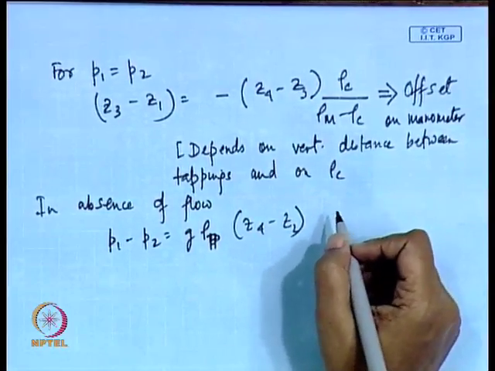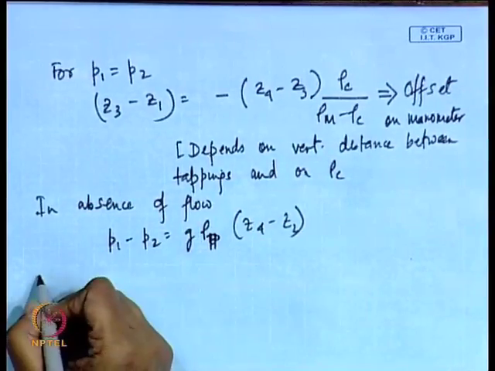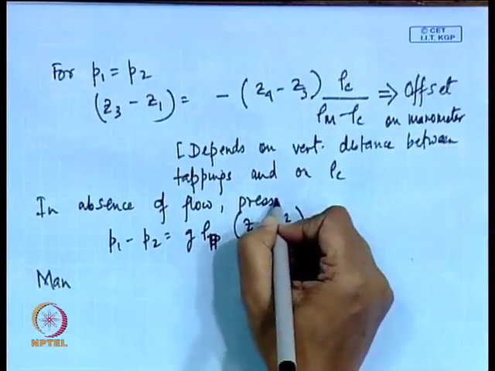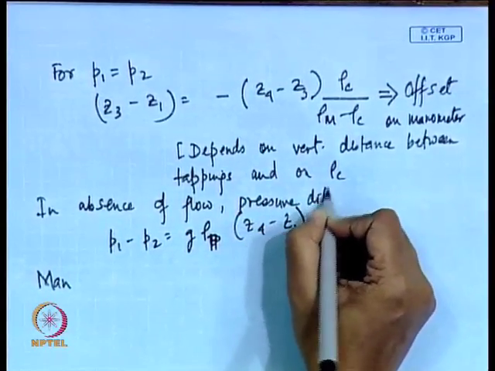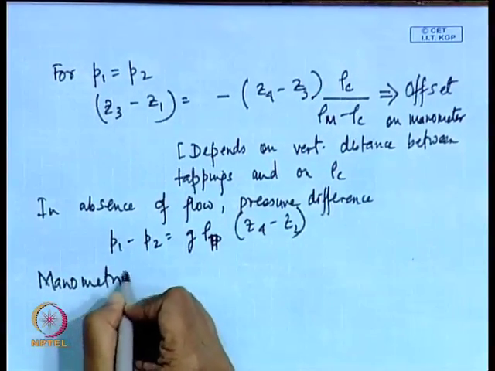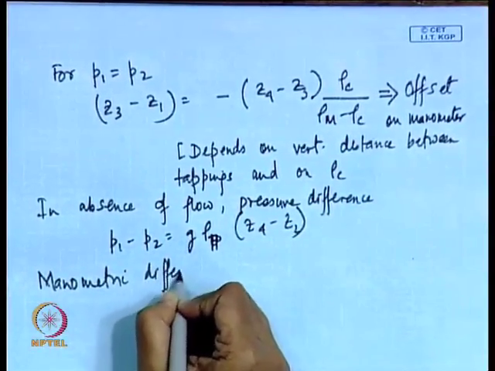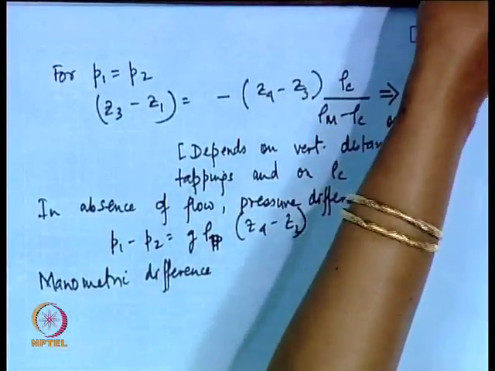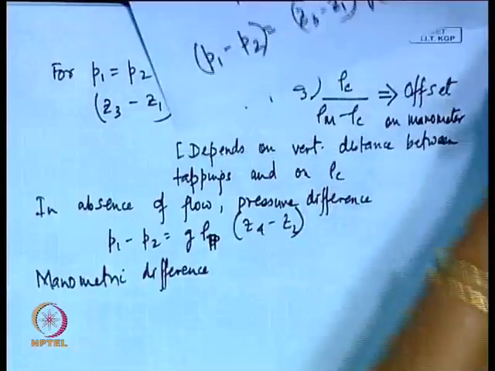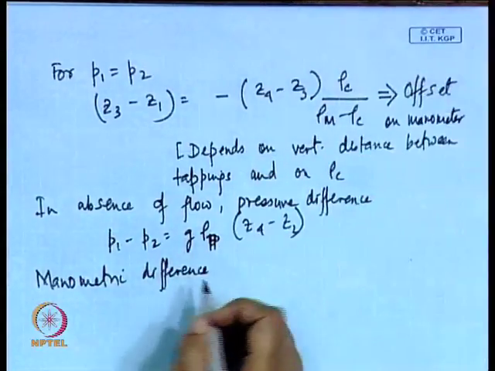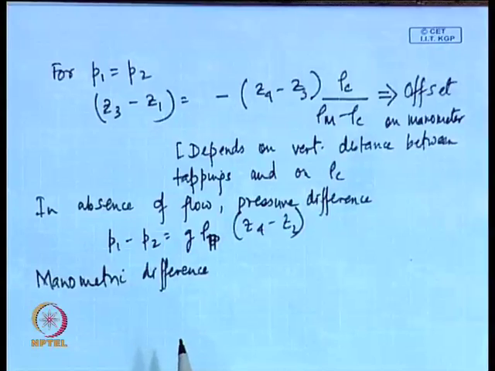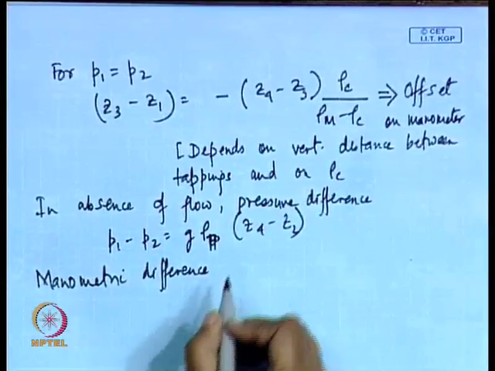And what is this equal to? The manometer, in absence of flow, the pressure difference is this, and what about the manometric difference? We simply substitute the expression of P1 minus P2 from here, and then we can equate this expression with the expression of P1 minus P2 here, and then we can get the manometric difference in this particular case.